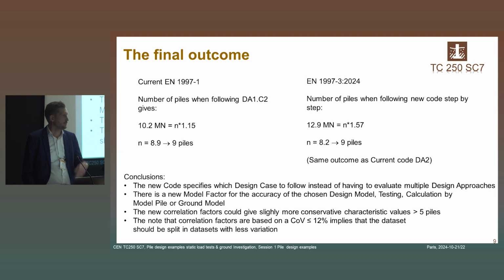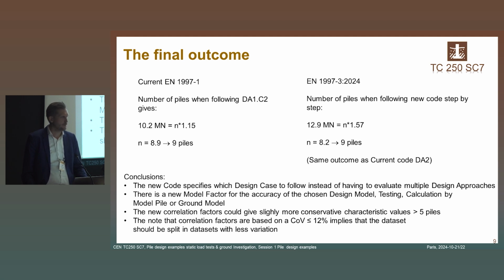Otherwise, when you are working in another jurisdiction, you always think, oh, factors and actions, should I be so low, should I be so high? This is now all taken care of. What's new is the model factor for the accuracy of the chosen design model for the tests.